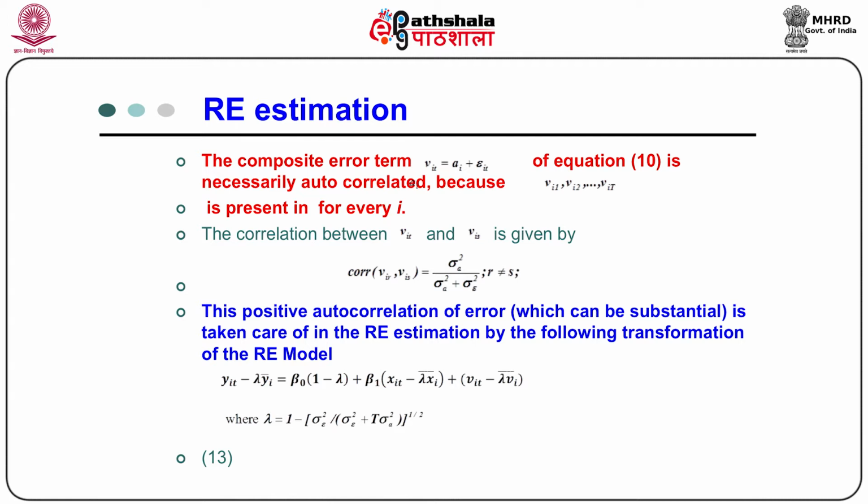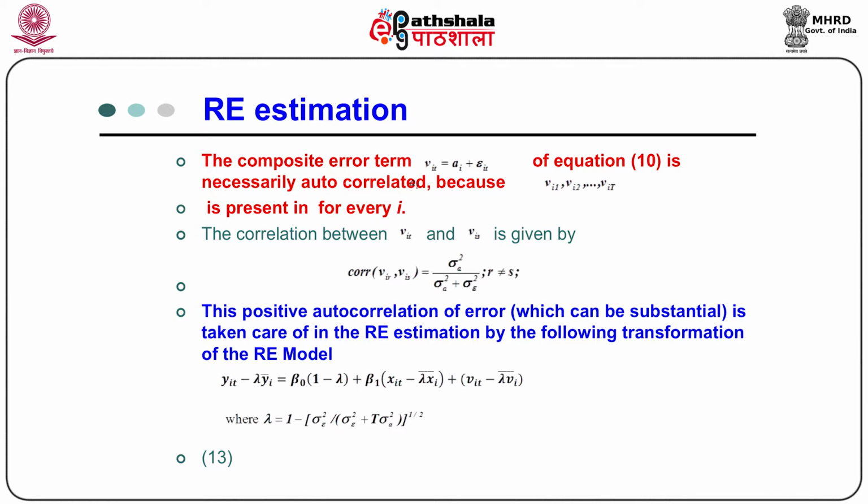The correlation between v_ir and v_is, that is, the covariance between v_ir and v_is, is equal to sigma a square divided by sigma a square plus sigma epsilon square for r not equal to s. Now, the positive autocorrelation of the error, which can be substantial, is taken care of in the random effect estimation by the following transformation of the random effect model.